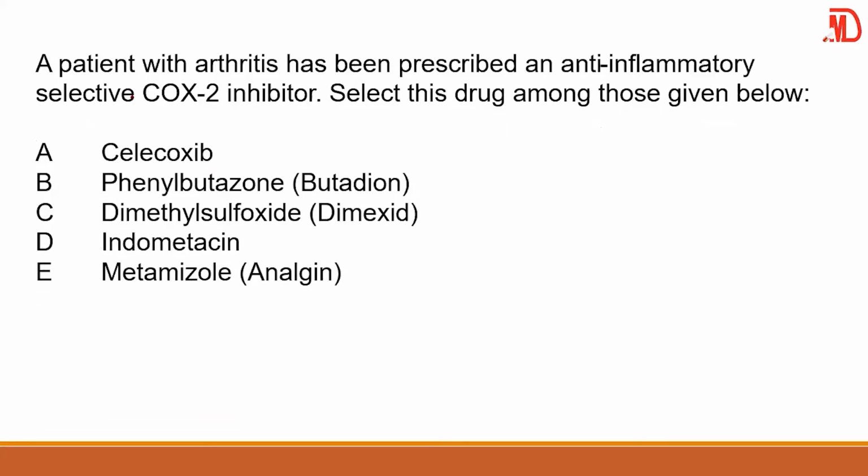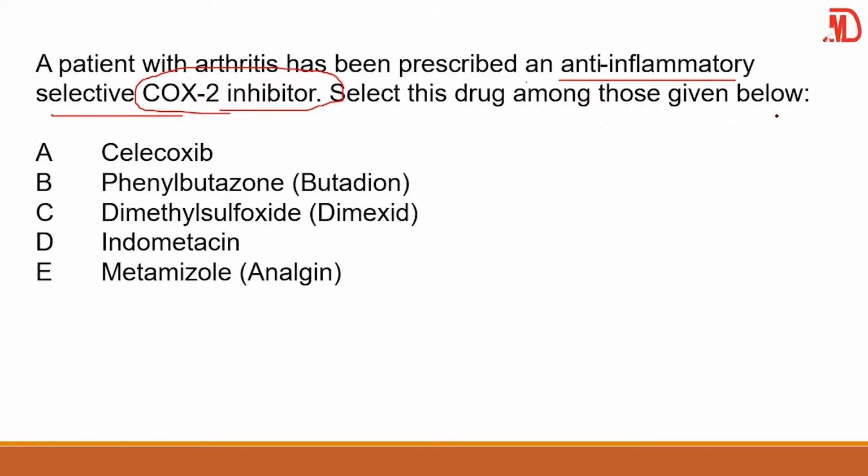A patient with arthritis has been prescribed an anti-inflammatory selective COX-2 inhibitor. Select this drug among those given below. So what it means is non-steroidal anti-inflammatory drugs.